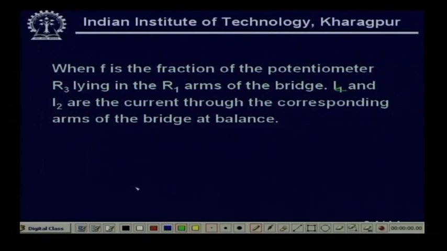That means the current flowing through R4 is I4, and the current flowing through R2 is I2. Please note that I4 is also flowing through the resistance RT, that is the bulb resistance of the thermometer, and I2 is also flowing through the resistances R1 as well as R3, because at balance the detector is not drawing any current.